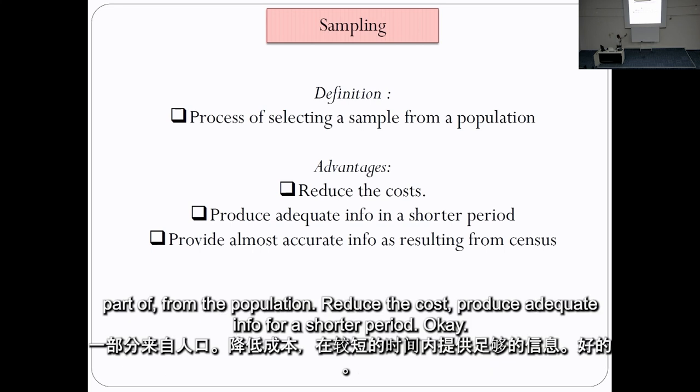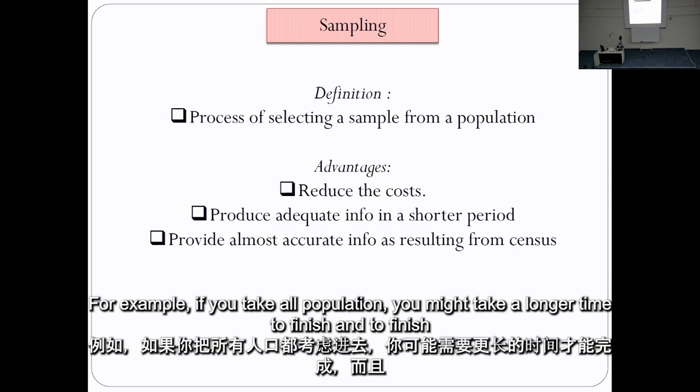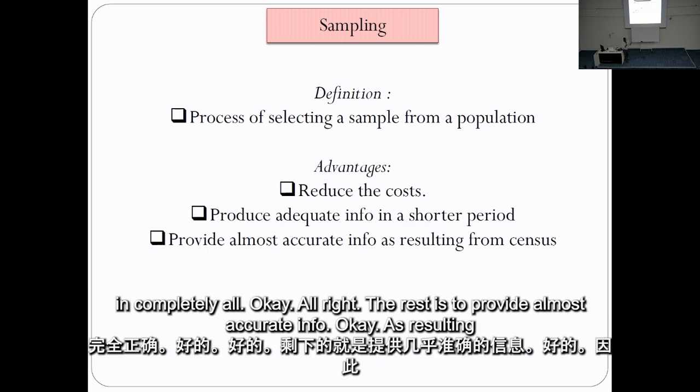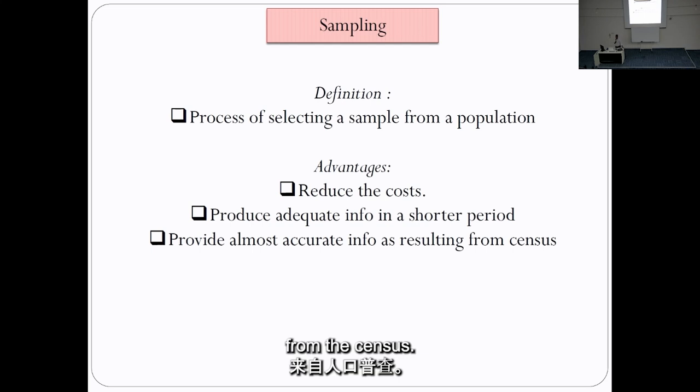It produces accurate information in a shorter period. If you take the whole population, you might take a longer time to finish. It also provides almost accurate information, as resulting from the census.